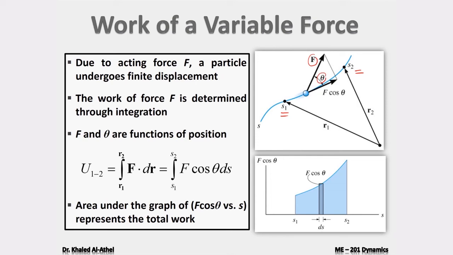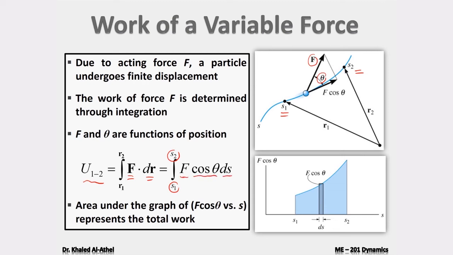Now, in this case, F and theta are functions of the position. So in this case, the work done U1 to 2 will equal the integral from r1 to r2 of F dot dr, as we know, which is basically the integral from s1 to s2, which you can see on the figure to the right, of F cosine theta ds.